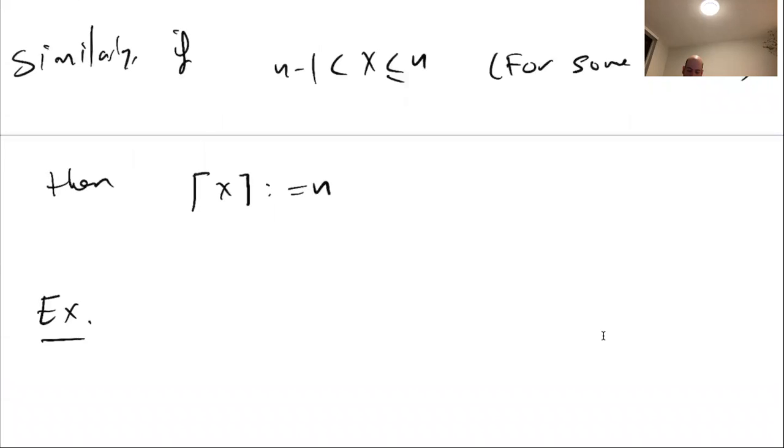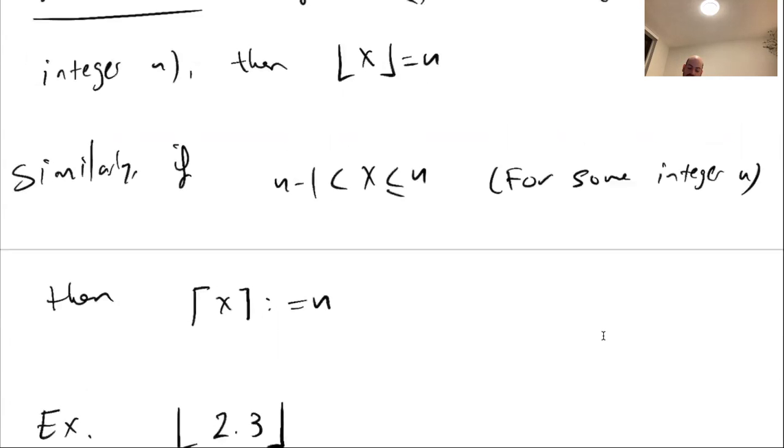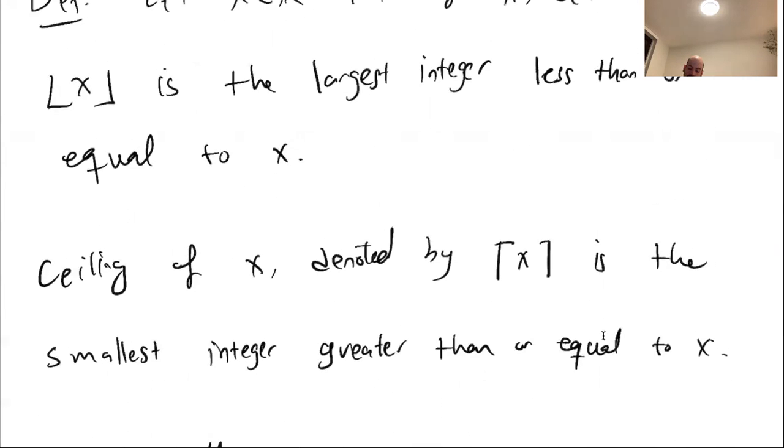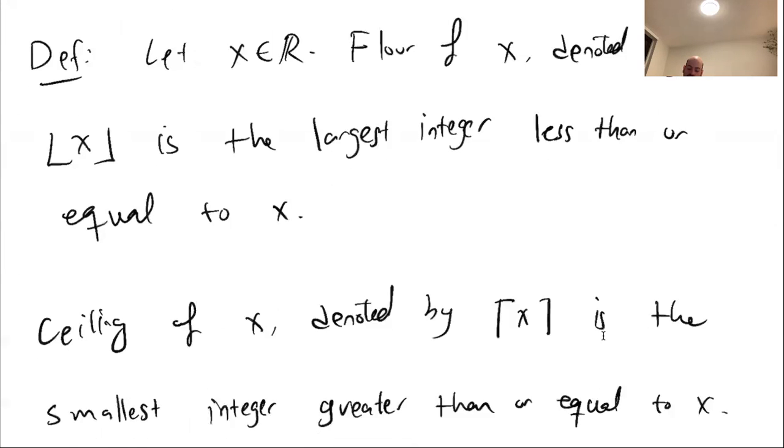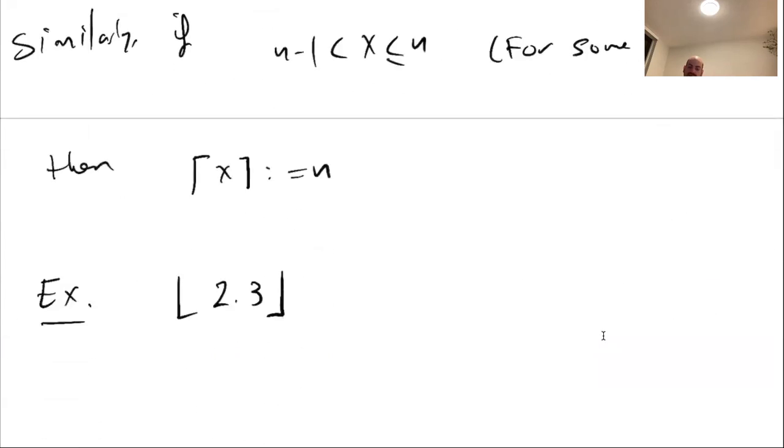So for example, let's say the floor of 2.3. What is the floor of 2.3? According to the definition, the floor of a number is the largest integer less than or equal to x. But which integers are less than or equal to 2.3? 2 is one of them, right? 2 is less than 2.3.